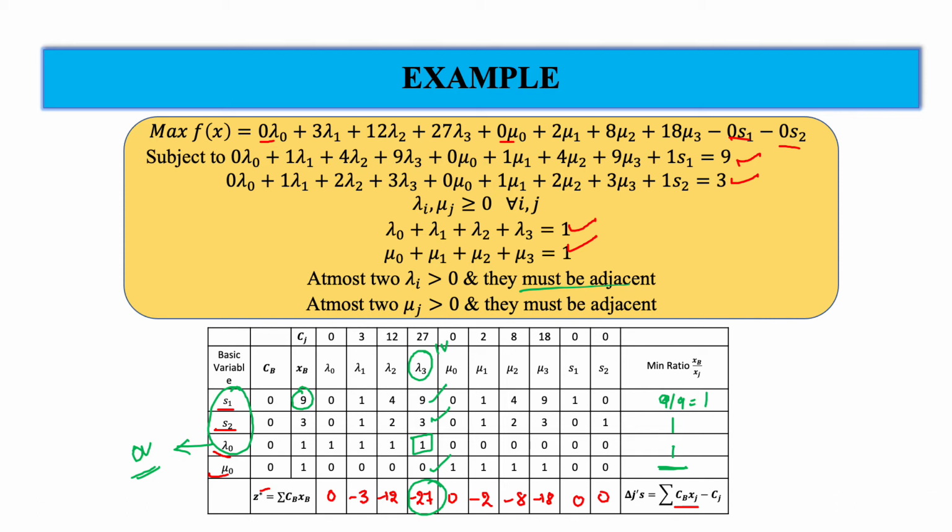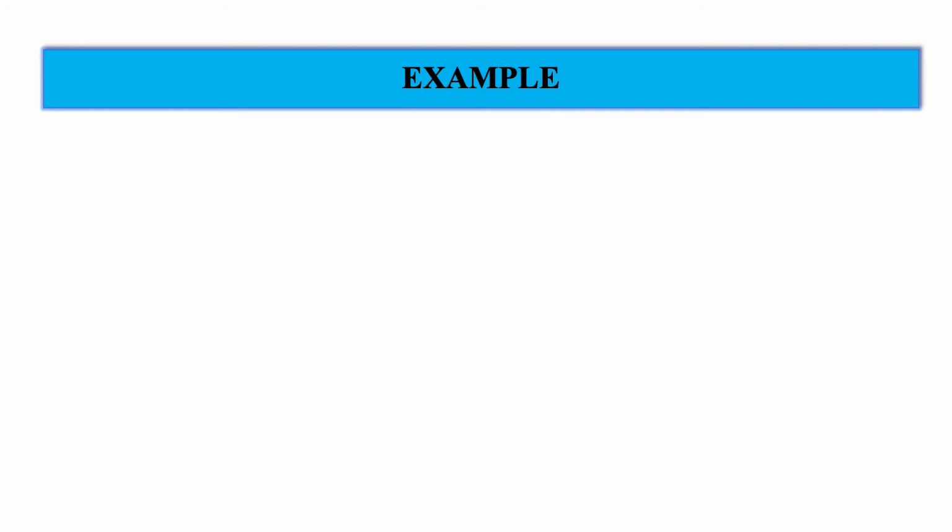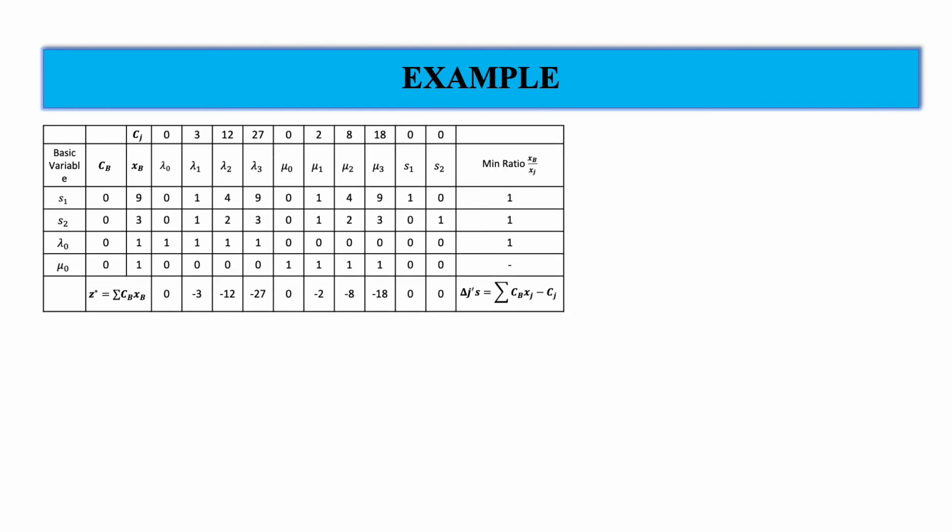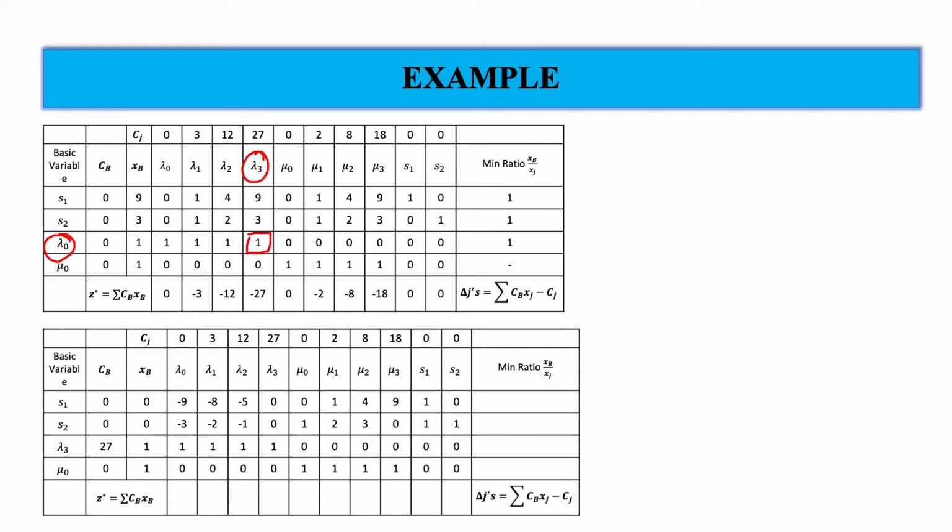Now we will form the next simplex table. This is our first simplex table. Lambda naught is the outgoing variable, lambda 3 is the incoming variable, and 1 is our pivot element. So we will draw the second simplex table. The incoming variable's coefficient in the objective function is 27, so we have written its coefficient as 27. All other elements will be updated based on the pivot element. Since the pivot element is 1, new R3 is the same as old R3.